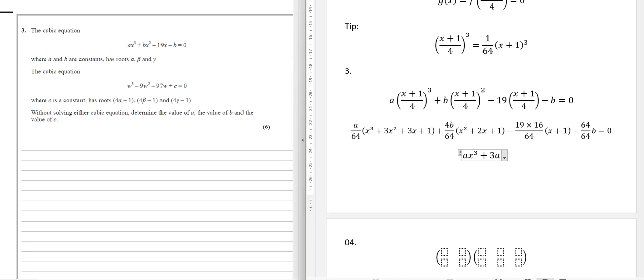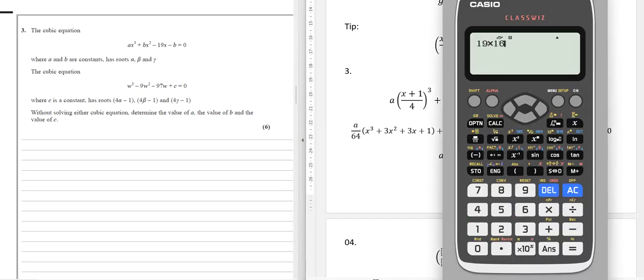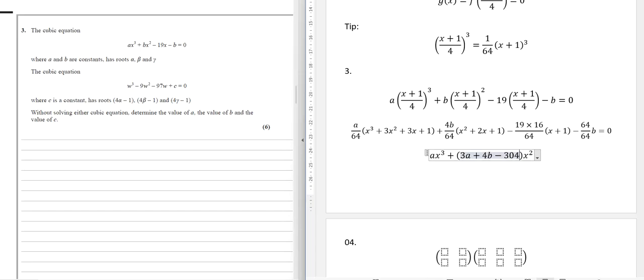So I have 3a x squareds from the first bracket, but I have 4b x squareds from the second bracket, and I'm losing 19 16s, or 304 x's. Wait, that's x's, I don't care about those yet.